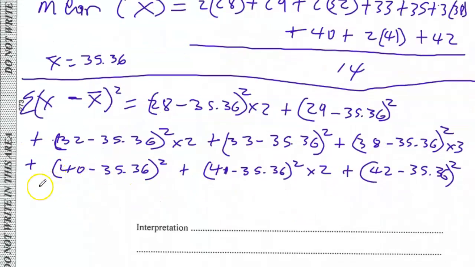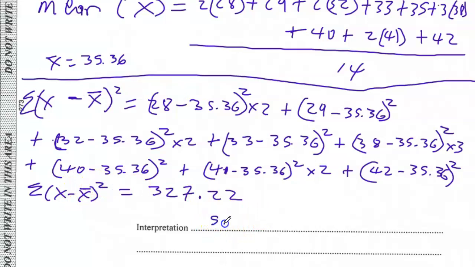Alright, so this summation is equal to, what's the calculator showing? 327.22. So the summation of x minus x bar squared, we get by subtracting the mean from each value and squaring the result.